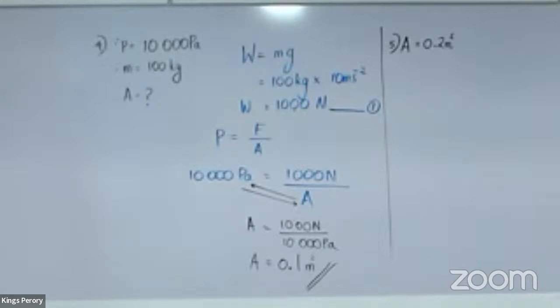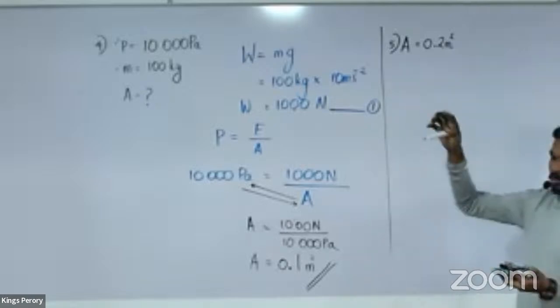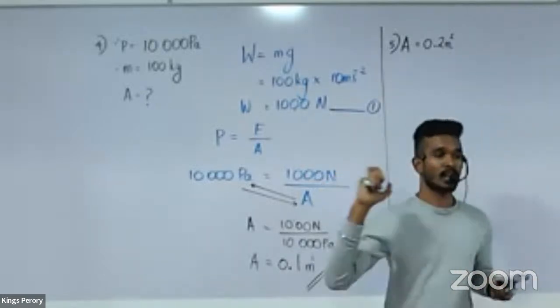Each tire 0.2. One tire 0.2. Altogether 4 tires are there. So think.